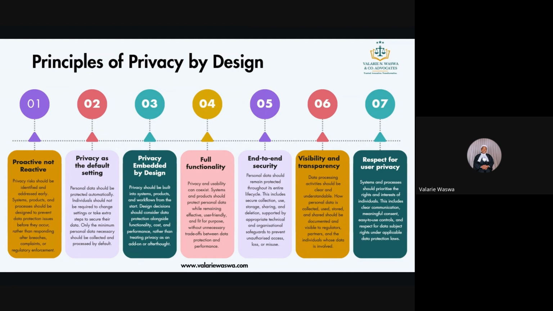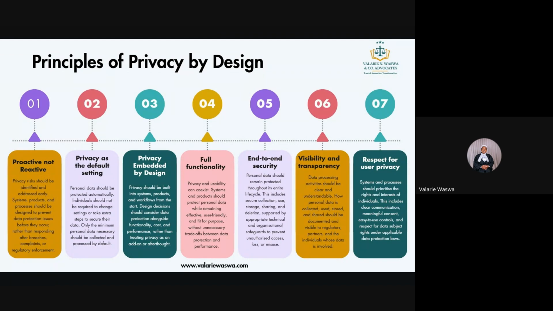The last principle is respect for user privacy. This is a very important one. It's having a rights-based approach to how you collect, process, and store personal data. What does this mean? Think about things like the right to dignity, the right to privacy. Just think about such rights, right?